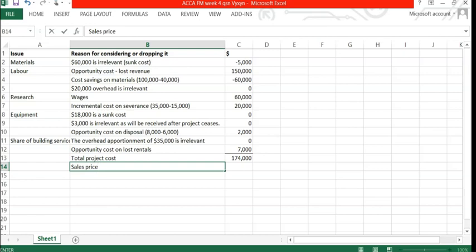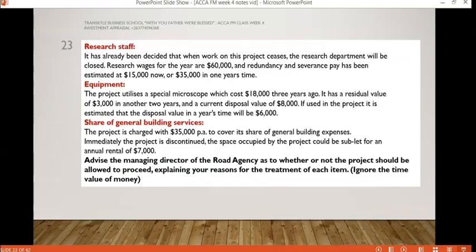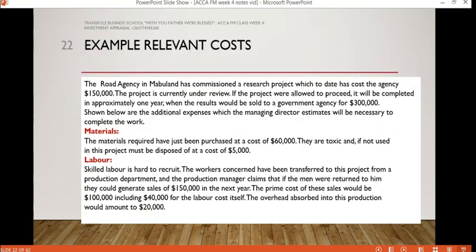All right, and then the sales price. We are told that after we do this project or this research exercise, we then have to sell it to another government agency and we can get some money, and we are promised to be paid, I think it was 300,000.